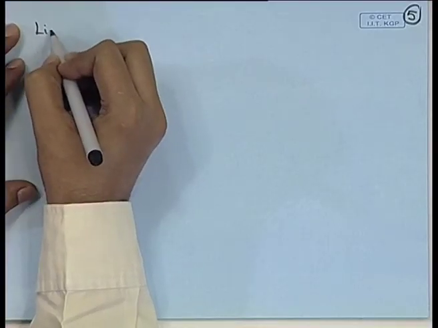In the case of normal distribution, we have a much more general property. In fact, we have a linearity property.